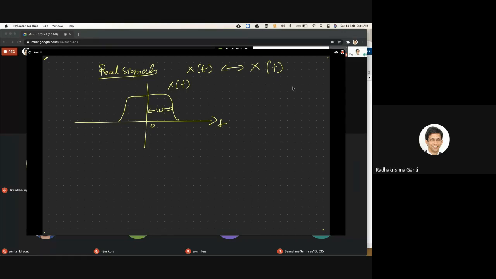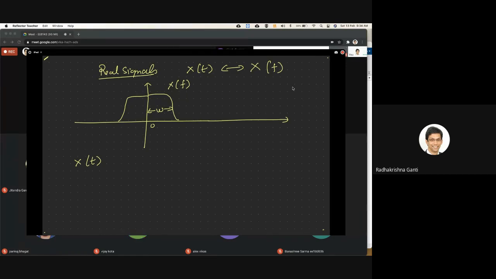But when you sample, what happens? Let me explain the sampling theorem once. It's very straightforward. You take a signal x of t. Suppose this was its Fourier transform. Forget about the W and other things for now. Let's first understand the sampling theorem.